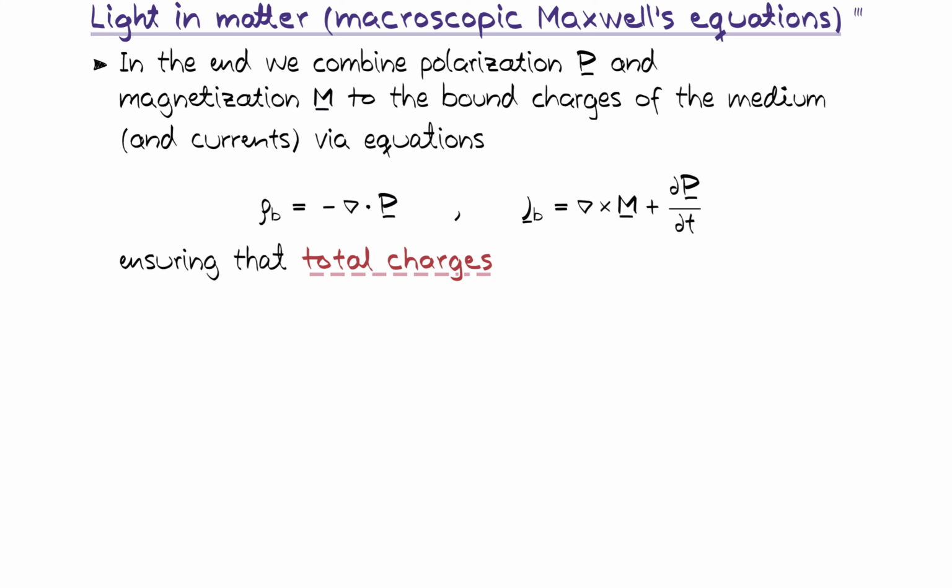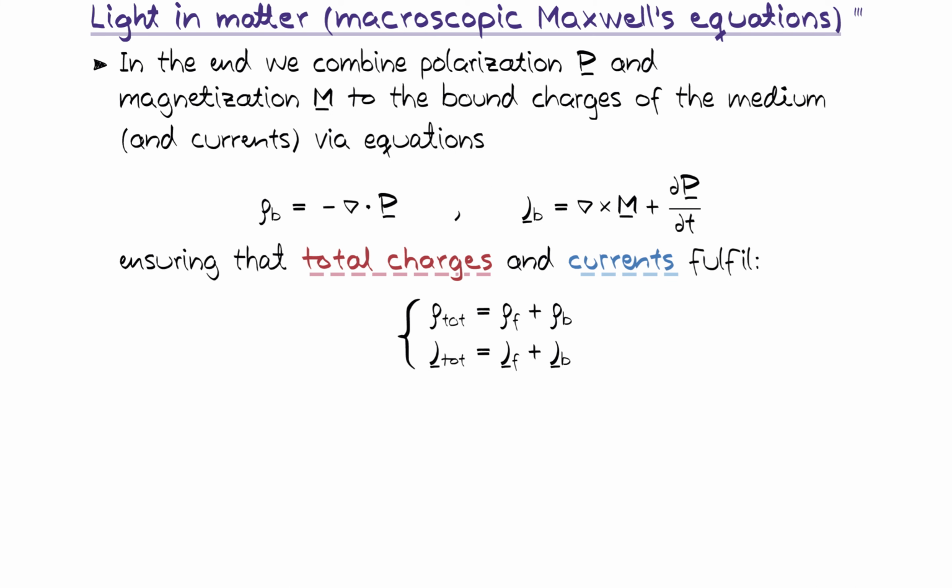And this ensures that the total charges and the total currents fulfill equalities, so that the total charges are equal to the free charges plus the bound charges, and then the total currents J equals the free currents plus the bound currents.